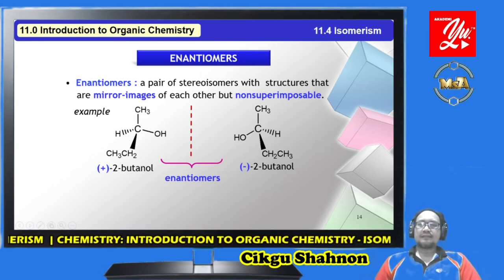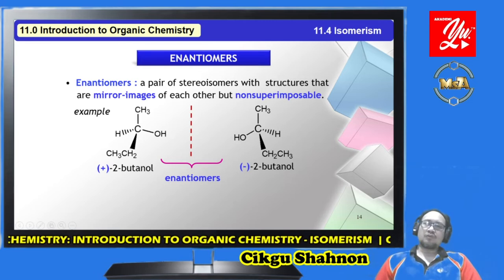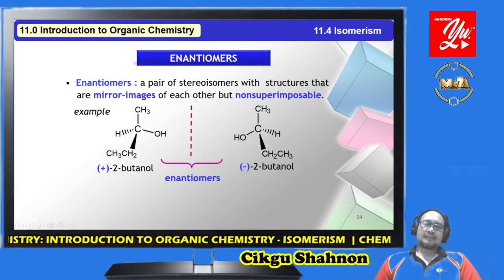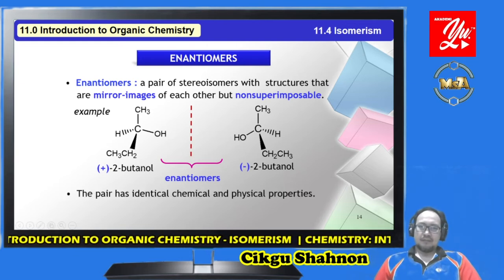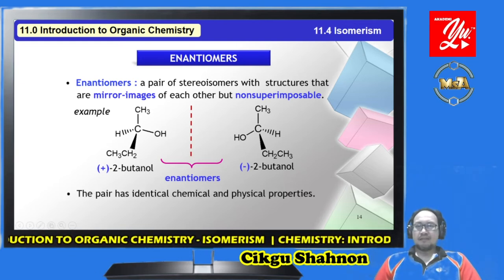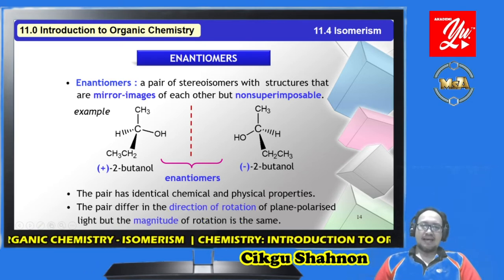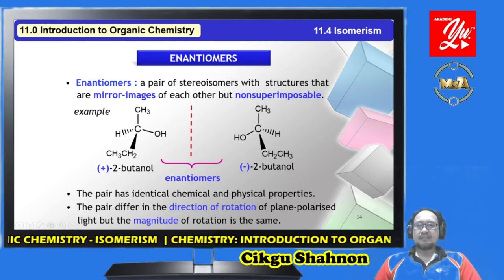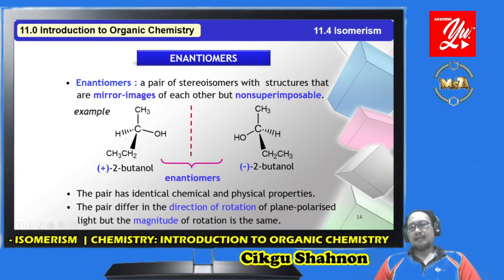Negative sign here means this compound will rotate plane polarized light anti-clockwise, with the same magnitude. The pair has identical chemical and physical properties. The pair differ in the direction of rotation of plane polarized light, but the magnitude is the same.